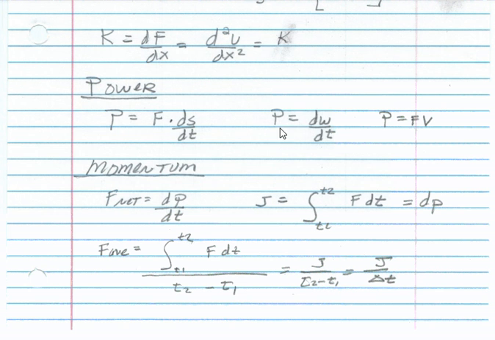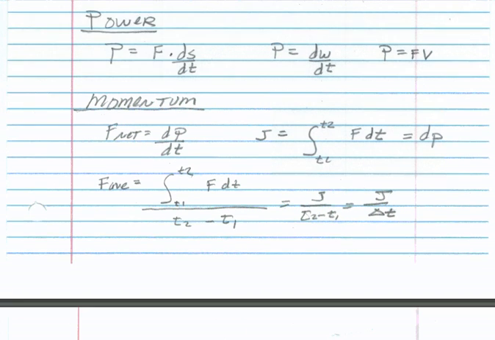This last equation comes from ds/dt equals velocity. Force times velocity can be used for an instantaneous calculation. So in other words, if I know the instantaneous velocity, I can then figure out what power is at that particular velocity. Or if I've got an average velocity, just multiply the force by that average velocity, and I get average power. So however it is you want to use that.